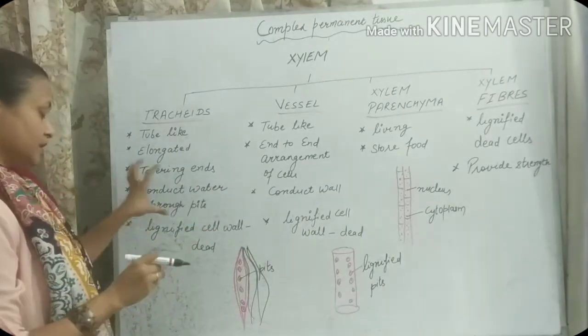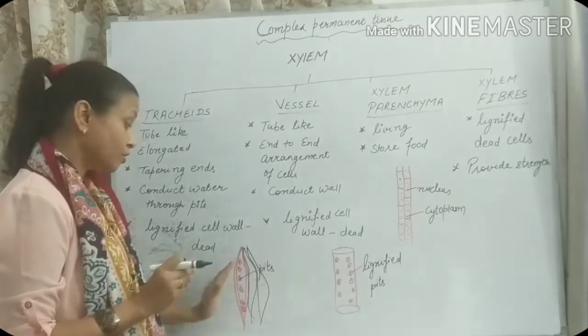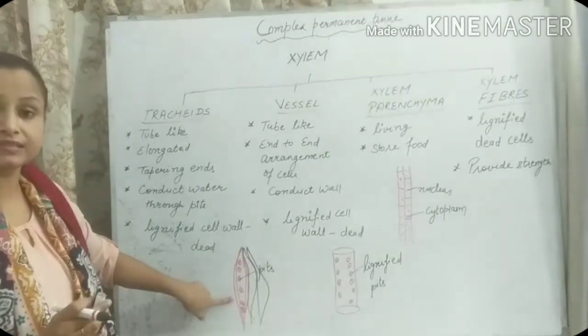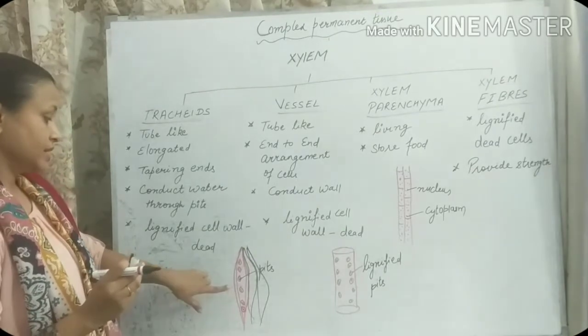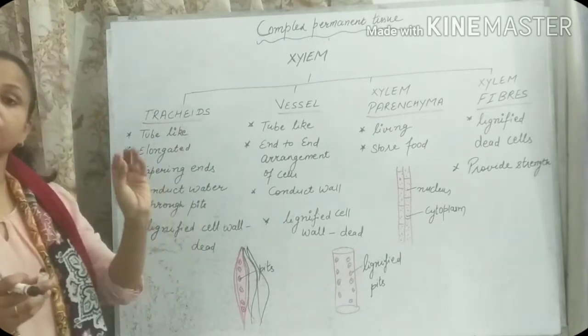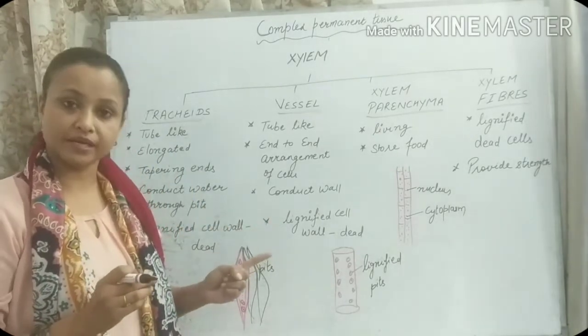Okay. So how do they conduct the water? They conduct because they have a thick cell wall and their cell wall is lignified. Lignified means their cell wall has the deposition of lignin, as we have seen in sclerenchymatous tissue.